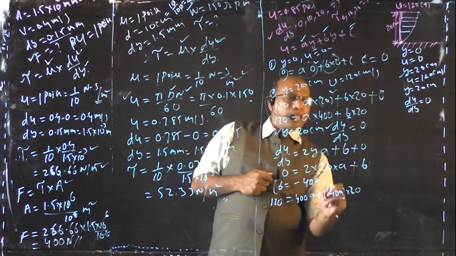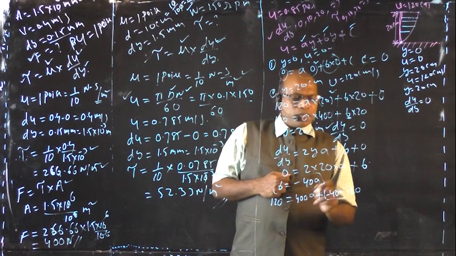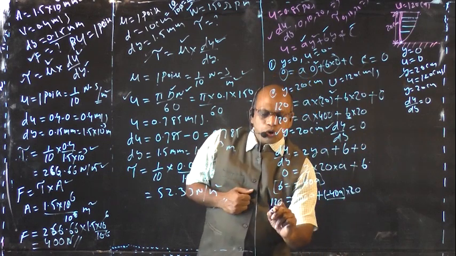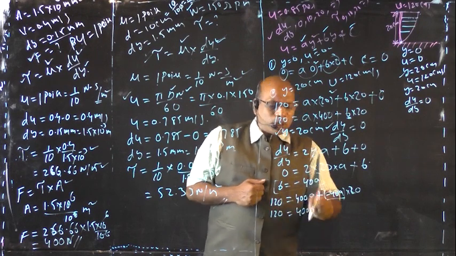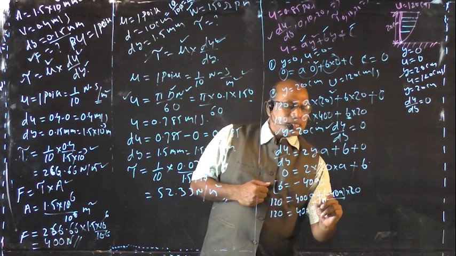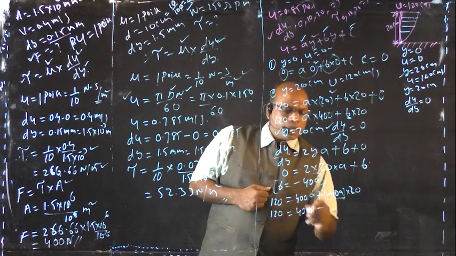Just we have taken in place of b minus 40a. Therefore 120 is equal to 400a minus 800a.